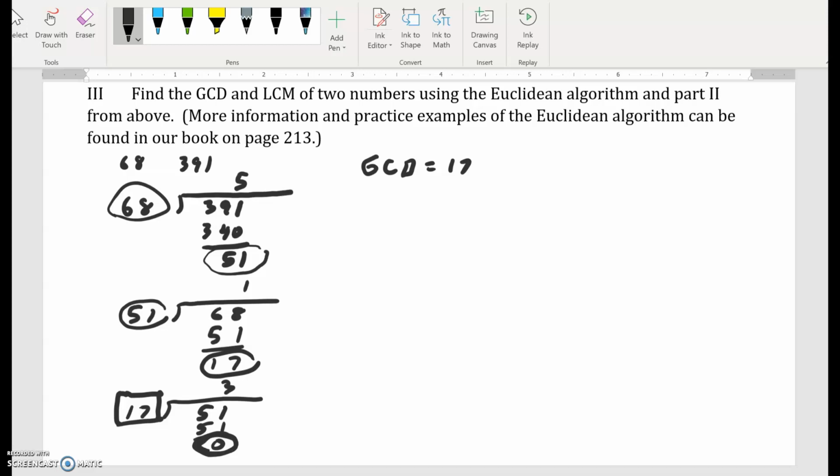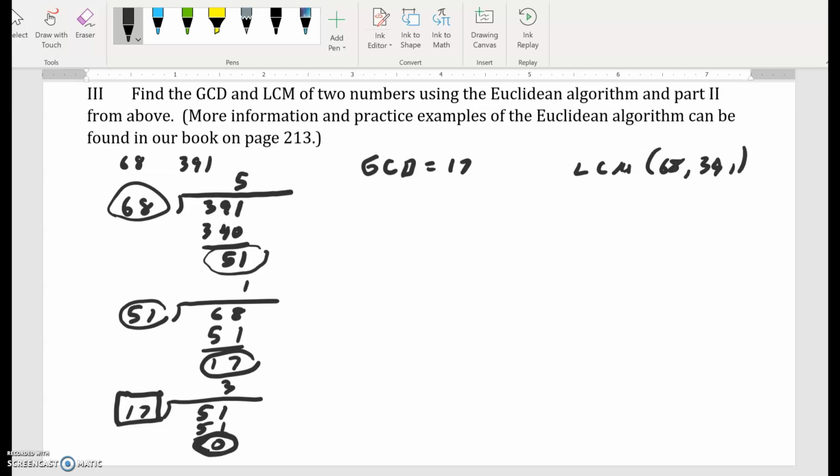That can sometimes be a whole lot faster than what we did in part 1, where we had to do the prime factorizations. It's not always better, but it's often much faster. But then the question is, okay, we found a way of doing this without having to break things apart and doing the prime factorization, but how could we find the least common multiple of 68 and 391?